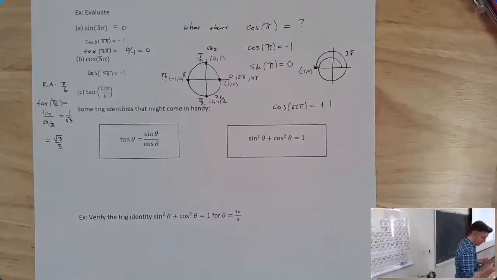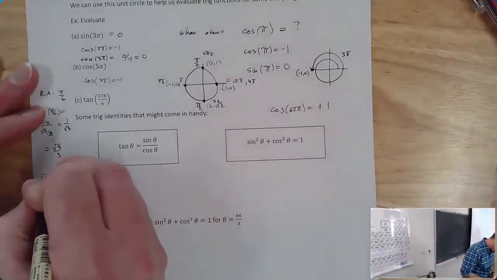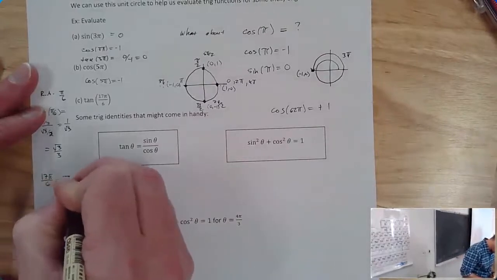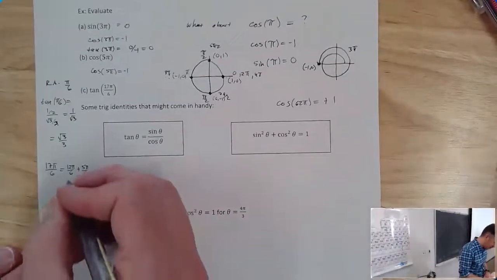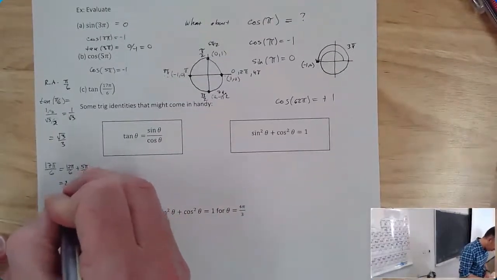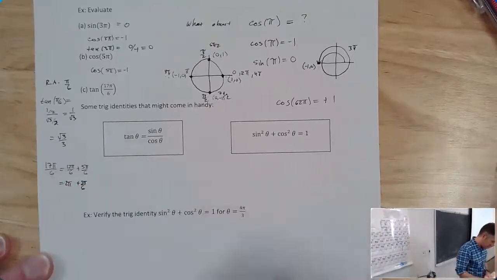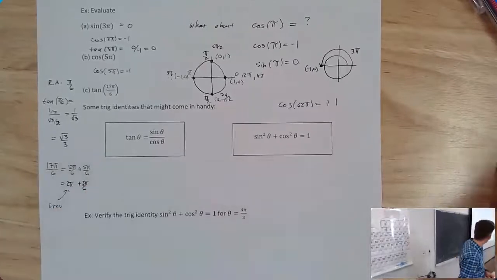Let's break it down: 17 pi over 6 is 12 pi over 6 plus 5 pi over 6. And the reason I broke off at 12 pi is because 12 pi over 6 is 2 pi, so that's one whole revolution and then another 5 pi over 6.